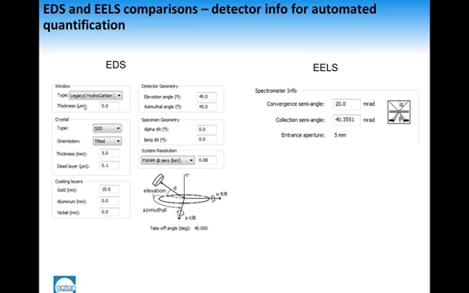You can see that we need to know a lot of information about the detector: basically the position, elevation, etc., specimen geometry, and also the detector itself. If we look at EELS, the only information that we need to know for the quantification is the convergence semi-angle, collection angle, and entrance aperture. That's it. This is basically the experimental condition that we need to know in order to do quantification using EELS. These are all the information that we need to know in order to do quantification with EDS. So we need to be very careful in characterizing the detector in EDS. So we need to have all the information.